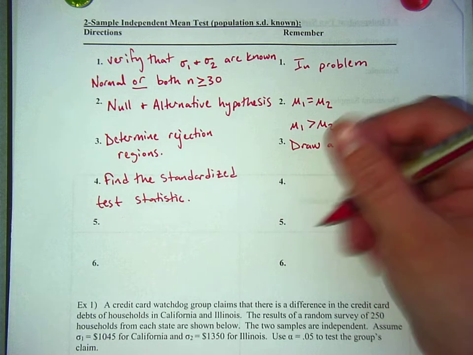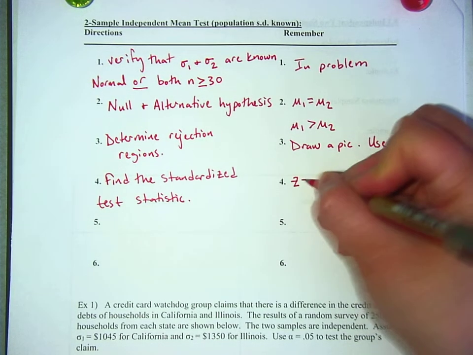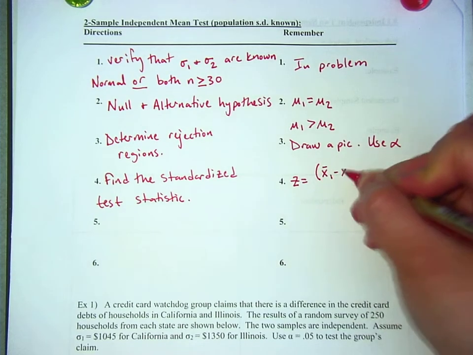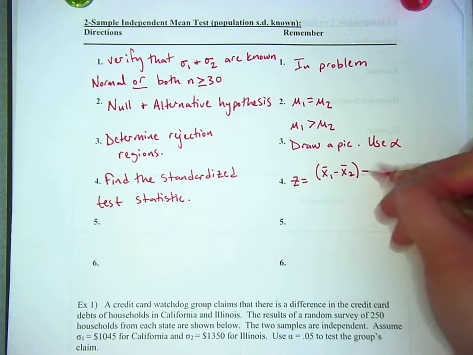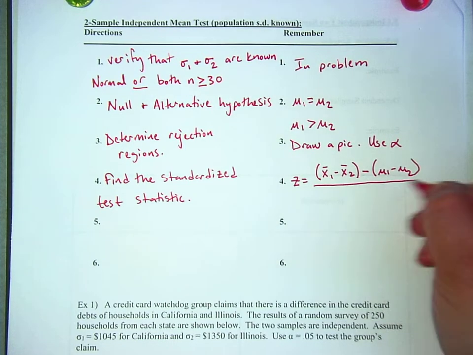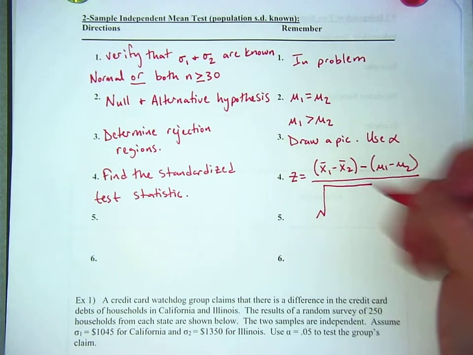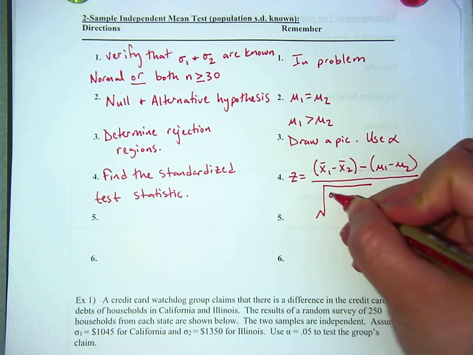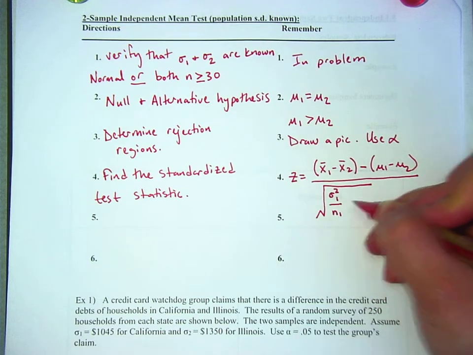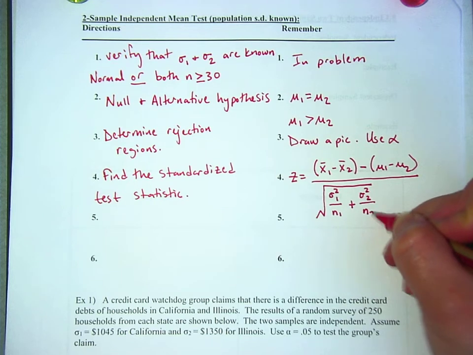Now this formula is gross, but here we go. Z equals x bar 1 minus x bar 2 minus mu1 minus mu2, divided by the square root of sigma squared sub 1 over n1 plus sigma squared sub 2 over n2.